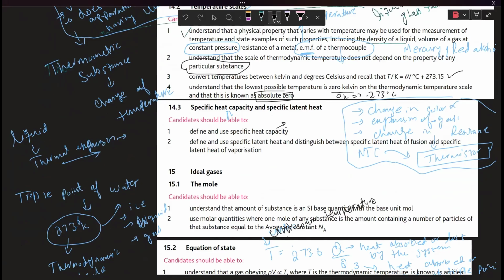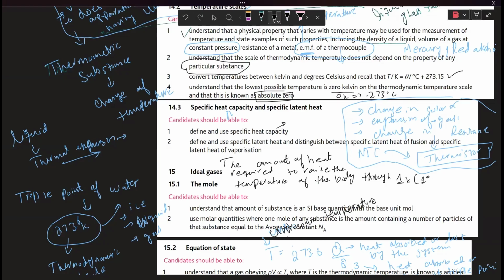The amount of heat energy required to raise the temperature of a body through 1 Kelvin or degree C.